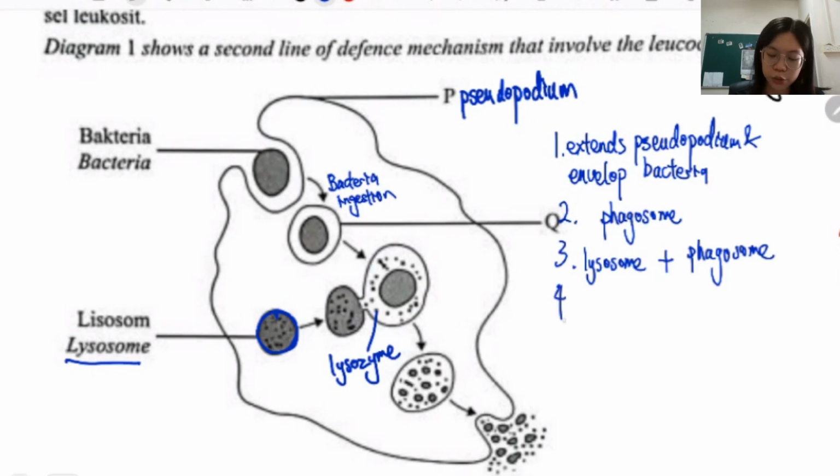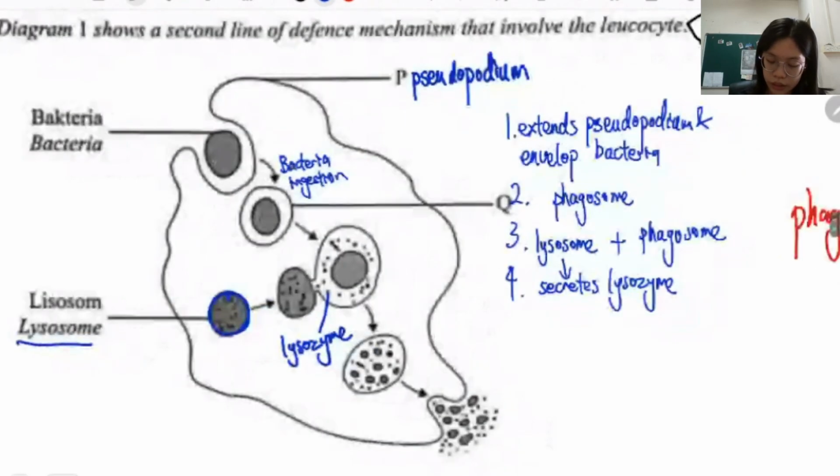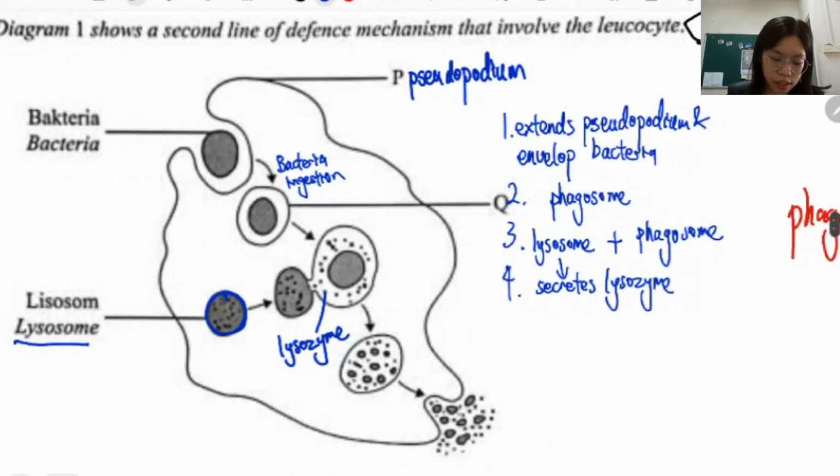And what does the lysosome do? The lysosome is the one that secretes the lysozyme into the phagosome. You can see that it secretes the lysozyme enzyme into the phagosome, because they are already combined together.